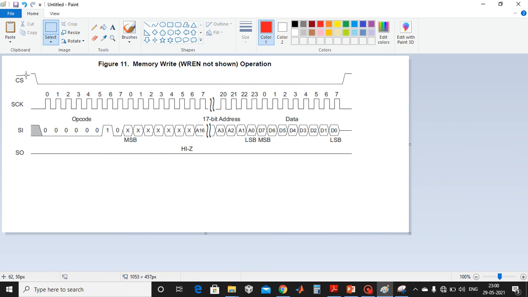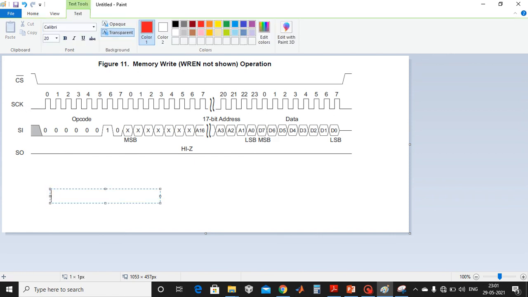So this is the first thing, that chip select pin must be low when we are communicating with the device. So this is the SPI clock. You can confirm this here also, that the SPI clock is 0 in the rest state.